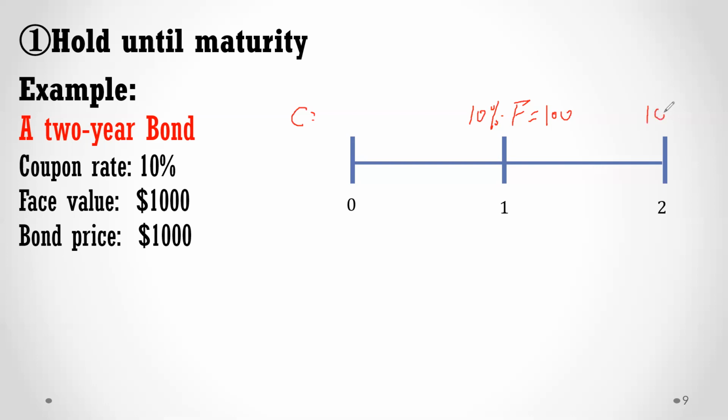You can also get another 100 coupon payment at the end of year 2, based on the contract of the bond. And face value is something like the principal, so at maturity you can get your face value back, your principal back, something like here.